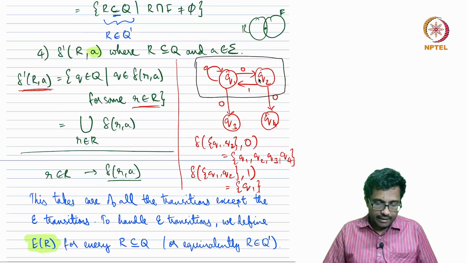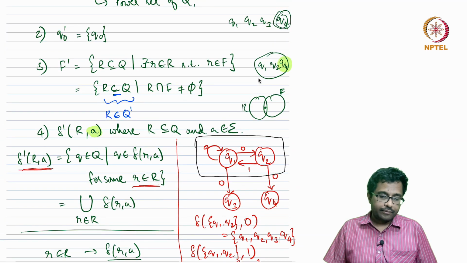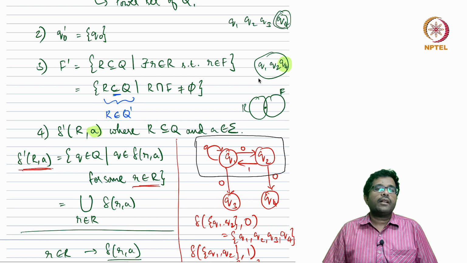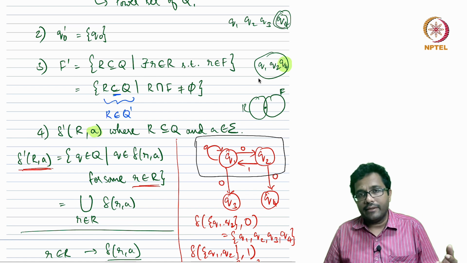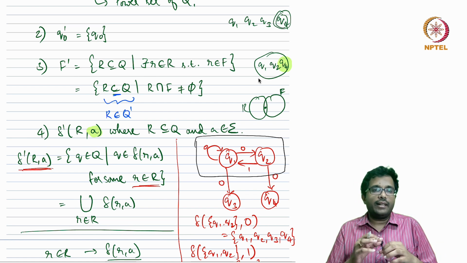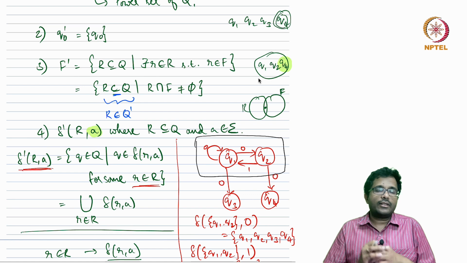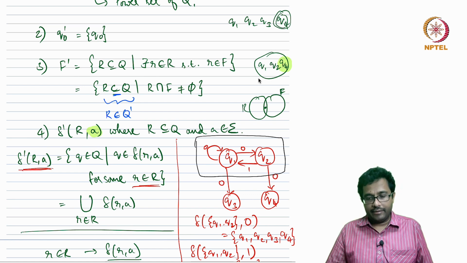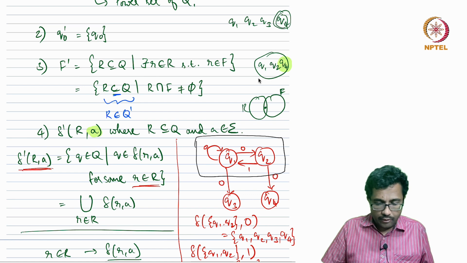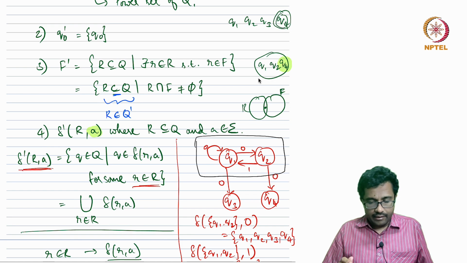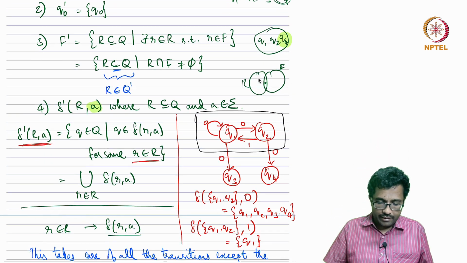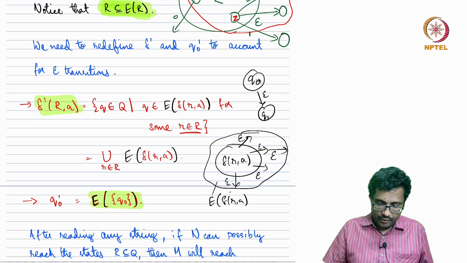The set of accepting states of the DFA is the set of all R, any subset of Q, which is a set of states of the NFA, that has a non-empty intersection with F, the set of accepting states of the NFA. And finally, the transition function is given by this, right?